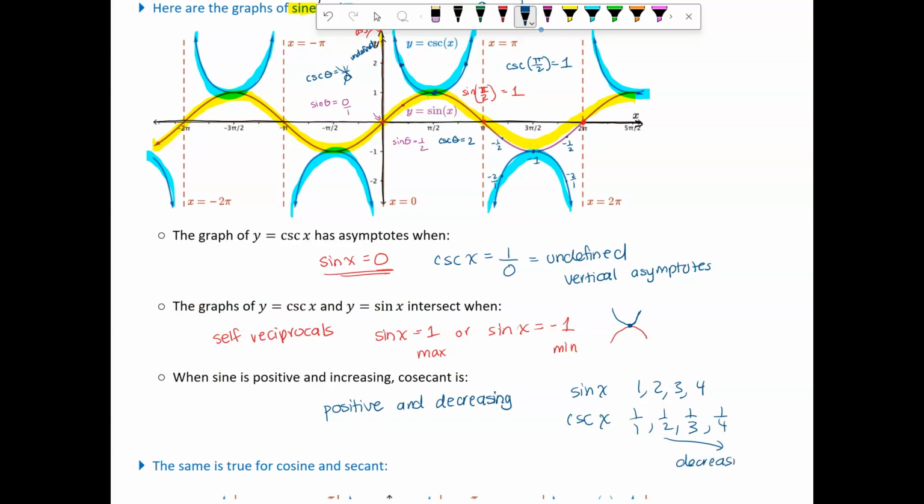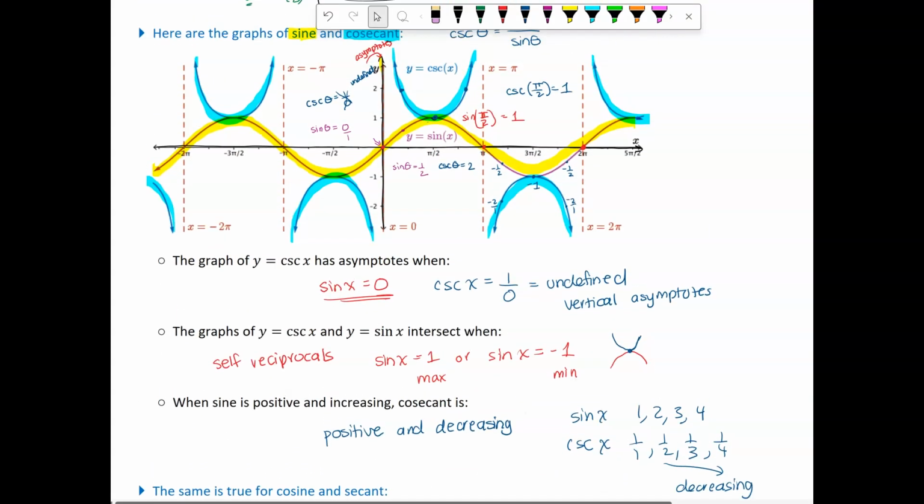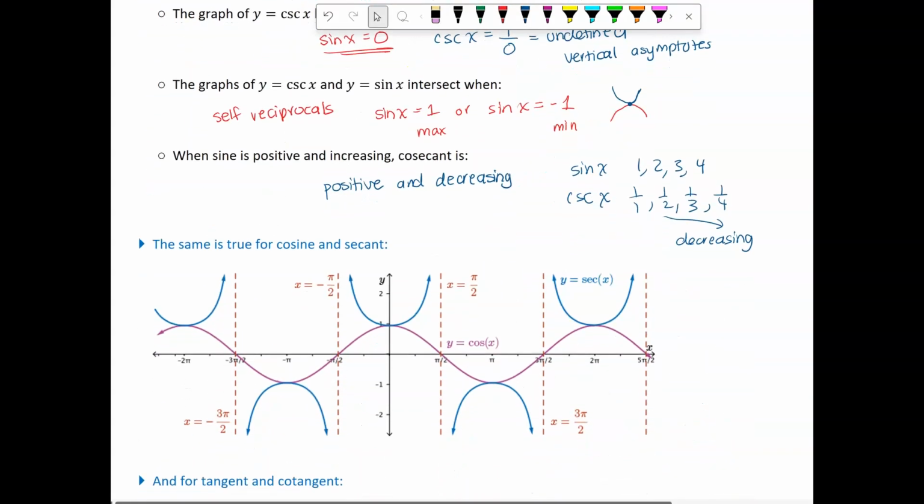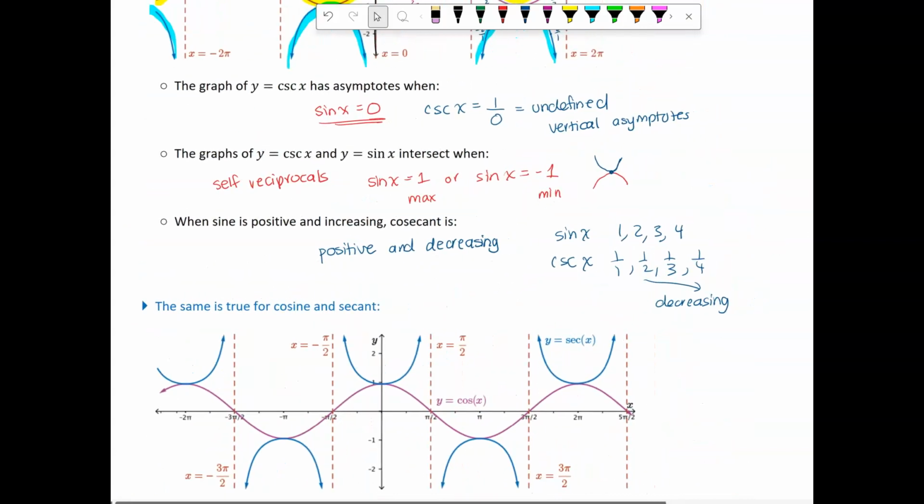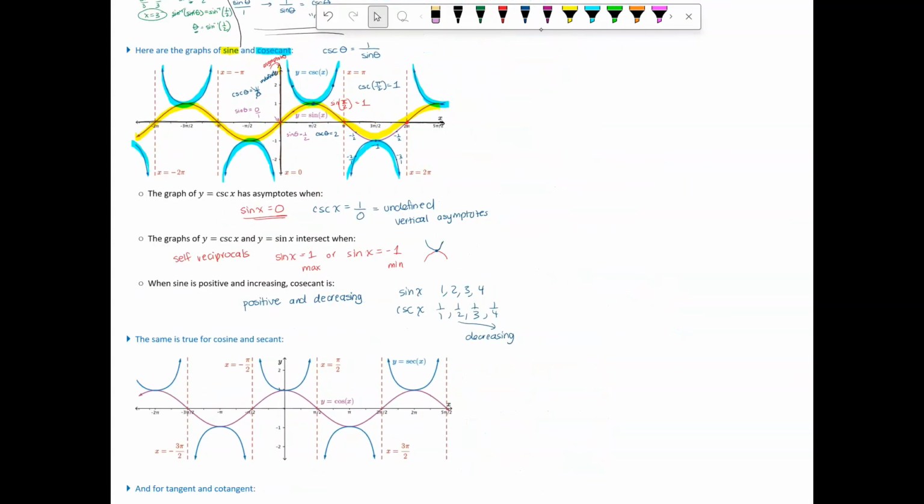Think of those fractions, those are decreasing. Okay, and that's sine. Well, the same pattern actually happens for cosine, because sine and cosine are just shifted graphs from each other, but the values when you reciprocate them are doing the exact same thing.